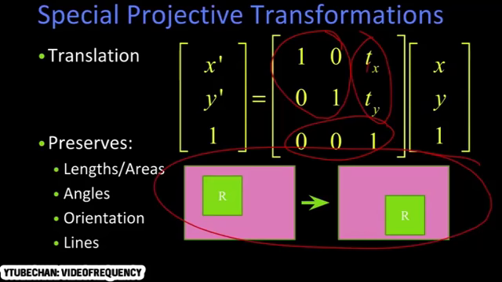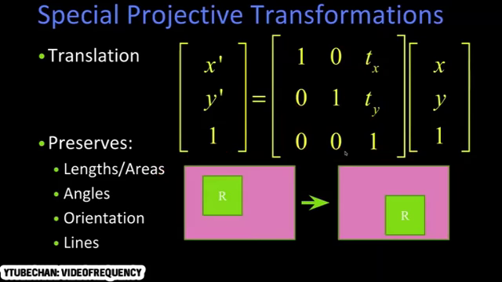Translation preserves the lengths and areas of objects, so as I move them around, the angles stay the same, even the orientation stays the same, and because this is a projective transform, lines remain lines. Lines remaining lines is going to be key to everything we do for at least four or five lessons. All right, so that's translation.